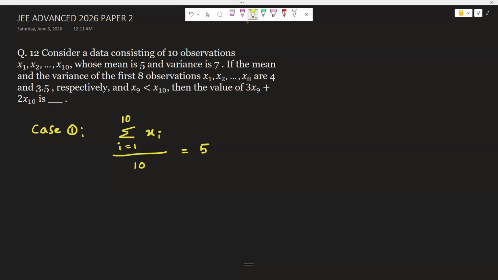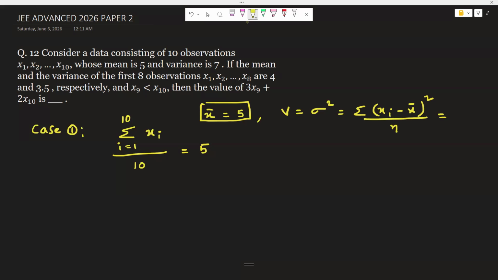So case number 1 represents that x bar is 5, which is the mean for the case, and the variance V, or sigma square, which we can also write as sigma of (xi minus x bar) whole square divided by n, is equal to 7.